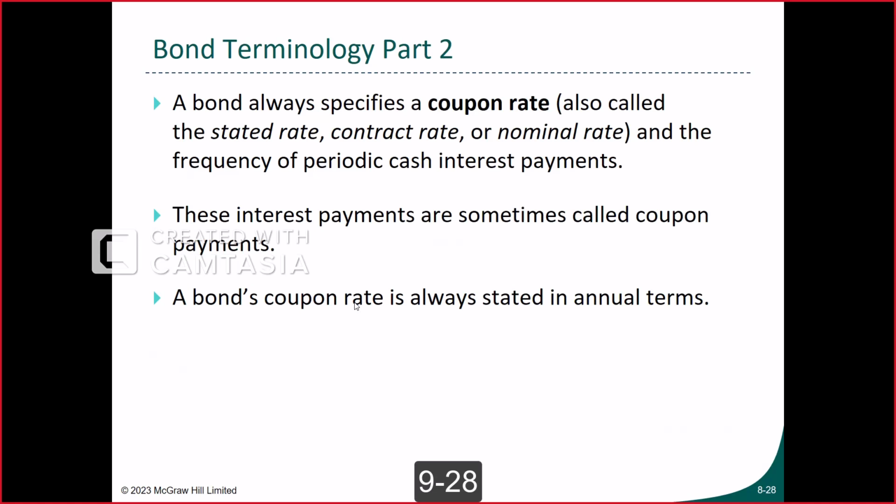We also have to distinguish between the two kinds of interest rate, the coupon rate and the effective interest rate. The coupon rate is also called the stated rate or the contract rate or the nominal rate. It is called the contract rate because that is the rate on the paper, on the document.